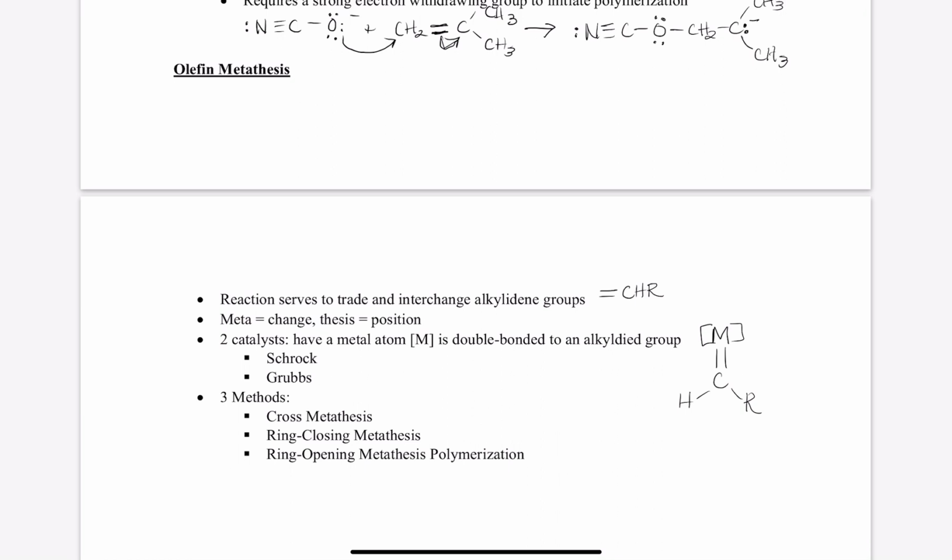There are three different methods for olefin metathesis: cross metathesis, ring closing, and ring opening polymerization.